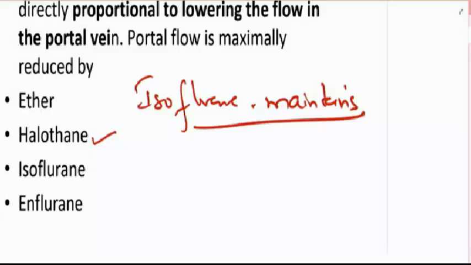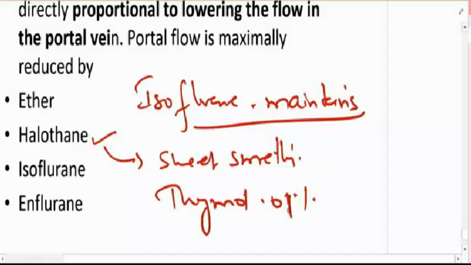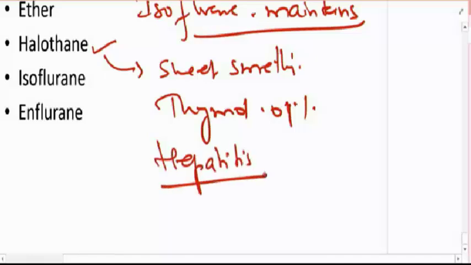So what are the other points which you should know about halothane? It is sweet smelling. Thymol is added for stability. Halothane causes hepatitis.